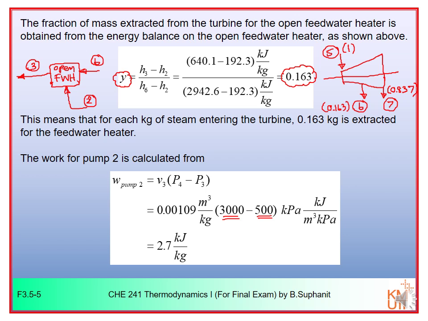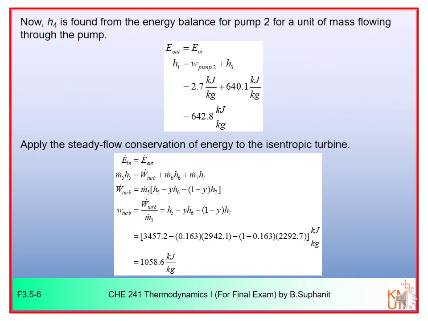The work required for this pump would be 2.7 kilojoule per kilogram. Now once you have the work required for the second pump, you can do the energy balance around the second pump to determine the enthalpy at point number 4. So H4 would be 642.8 kilojoule per kilogram.